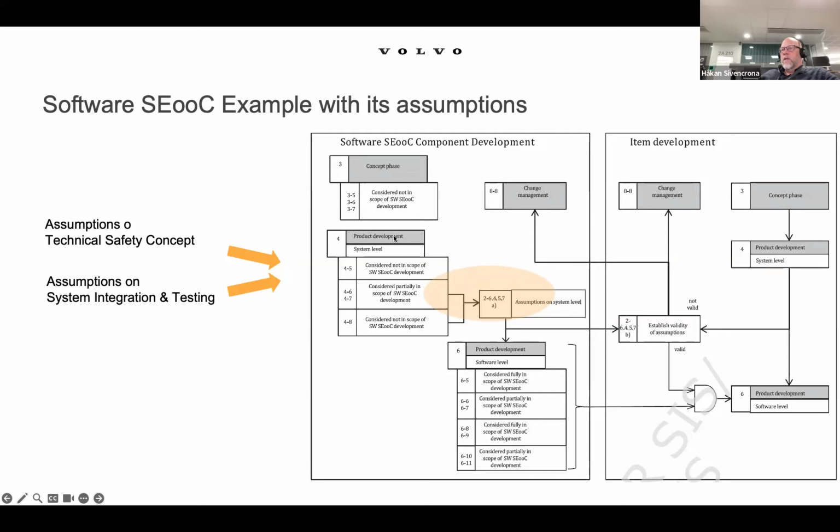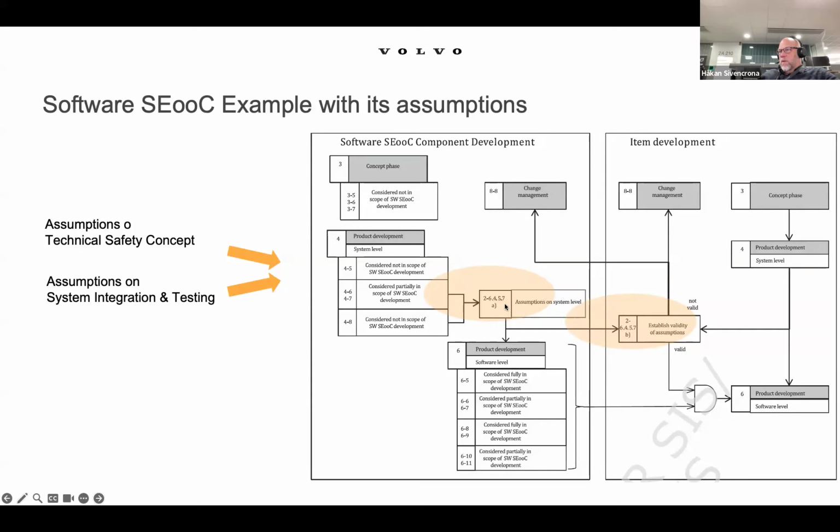You are considering quite a lot in your system, your subsystems, and you are really looking into software safety element out of context development. It means that you have assumed something on the system level. And this is where you actually want to, in the end, establish or validate these assumptions. This is the point that the OEM, the integrator, needs to do, right?